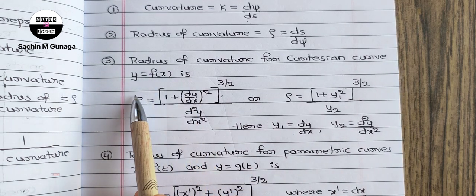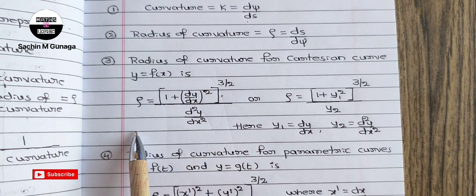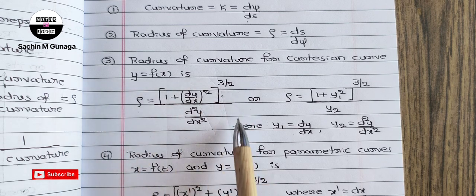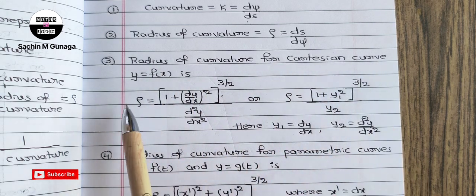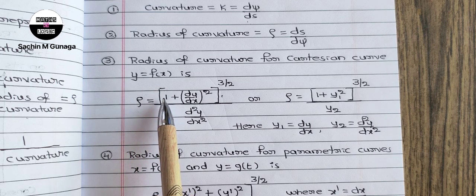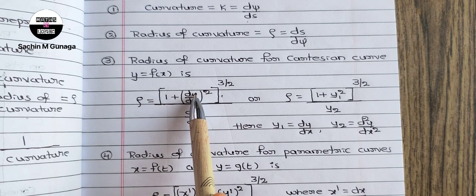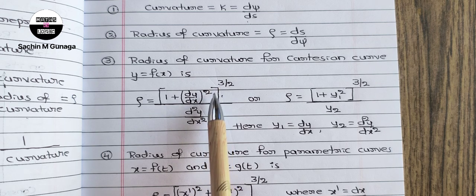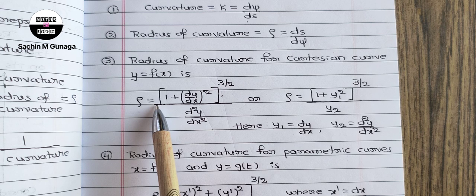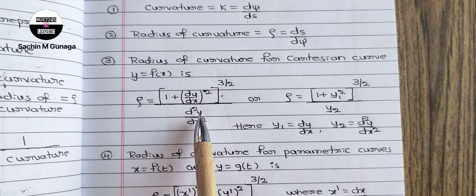Rho is equal to, in brackets, 1 plus dy divided by dx, the first derivative, whole bracket squared, raised to 3 by 2, divided by d square y divided by dx square, the second derivative.